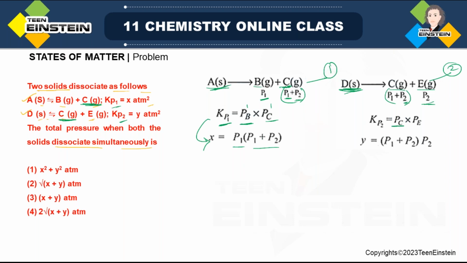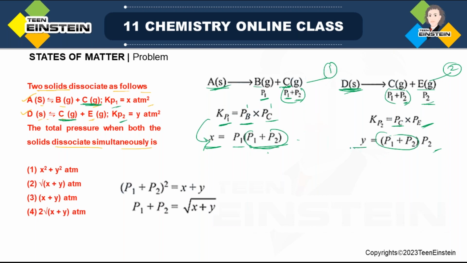Same way, in place of Pc, as you have written here, this is actually Pc. Here also the same Pc, the same partial pressure, because both are occurring simultaneously, and the partial pressure of E is P2. Fine, so up to this point it is okay. Now if you add these two equations, on the left-hand side you have X and Y. When you add these two, the terms are also added on the right-hand side.